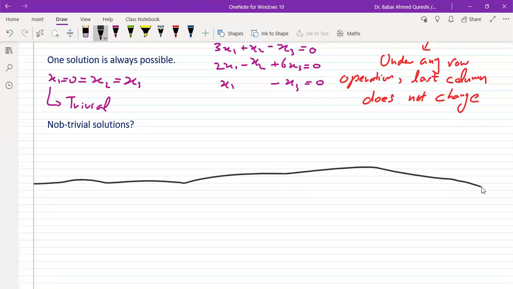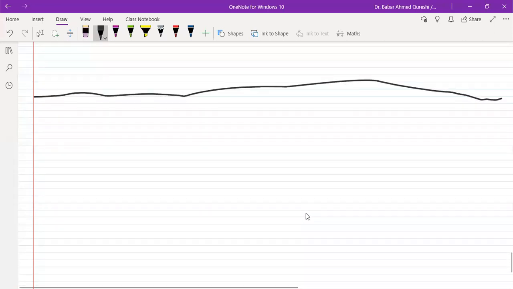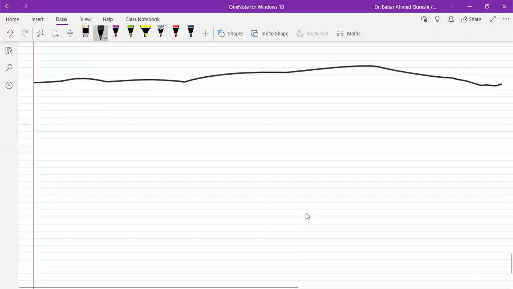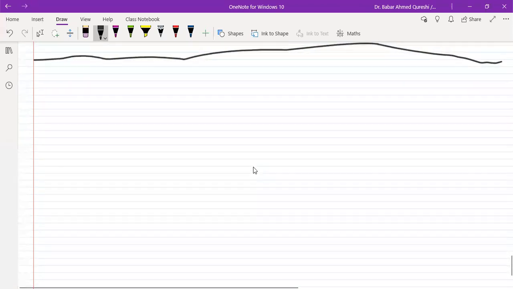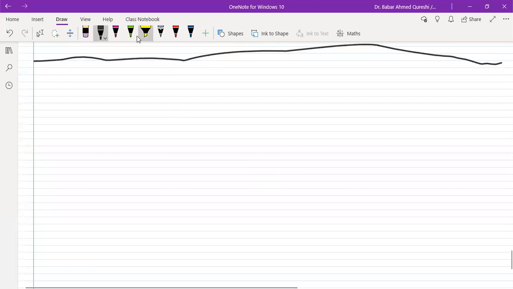Now let me do some more examples, more in the line of some applications, just to see them in action. These are taken from the book. This one was a problem in the book.